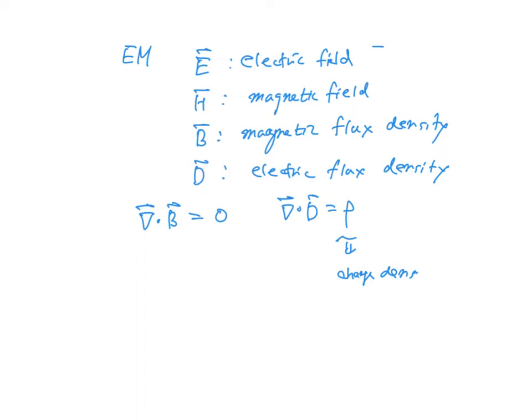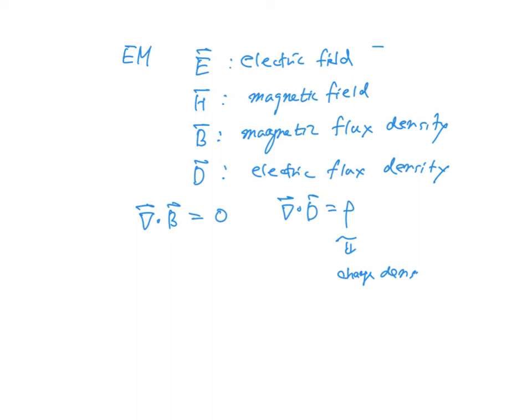So both gradient and divergence are closely related to the electromagnetic theory that we are actually learning in part, as an example. There are four different components for the electric field. H is called the magnetic field, B is called the magnetic flux, or sometimes magnetic flux density, D is called the electric flux density.